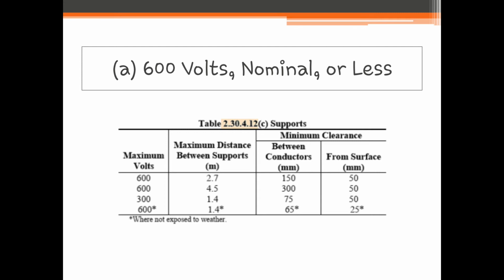At maximum volts, for example, we have 600. Maximum distance between supports in meters, we have 2.7. For the minimum clearance between conductors and from surface, we have 150 millimeters and 50 millimeters from surface, and so on.